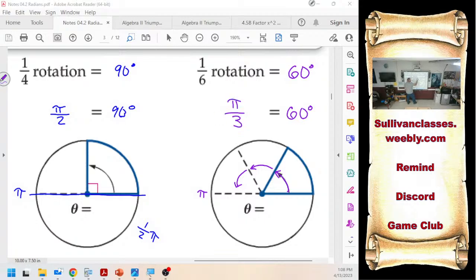Pi over 3. So what would 45 degrees be? Pi over 4, because I'm 1/4 of the way to pi. What would 30 degrees be? Pi over 6. Because I'm 1/6 of the way to 180. Okay?